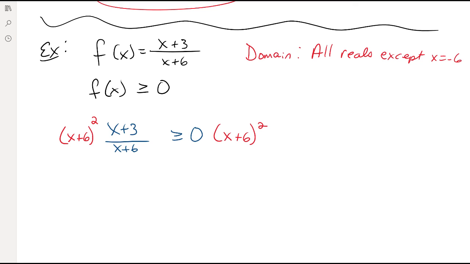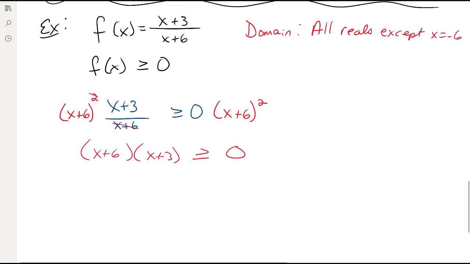Because now we don't have to worry about switching the sign of the inequality. Okay? On the left side, the denominator of x + 6 is going to cancel out one of my x + 6 factors. So on the left side, I'm left with (x + 6) times (x + 3) has to be greater than or equal to 0. Right? Because 0 times (x + 6) squared is still 0.